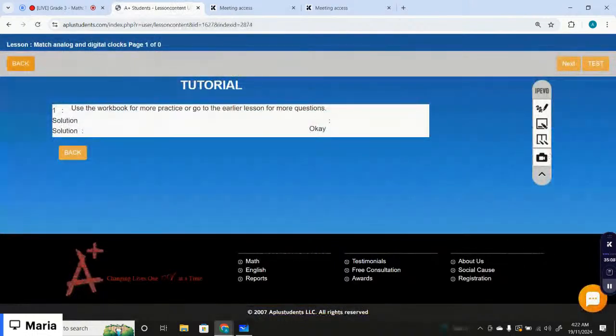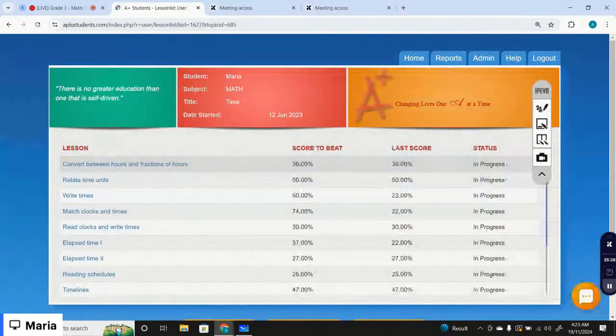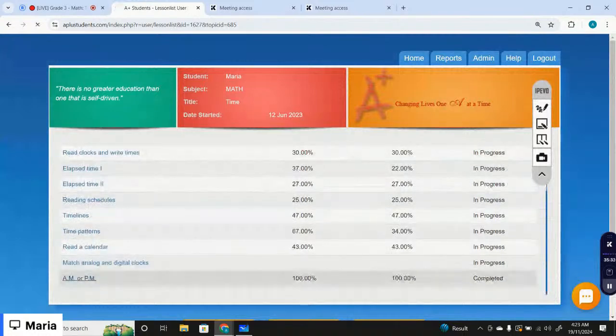Okay, use the workbook. Then the last lesson of the chapter is AM or PM.